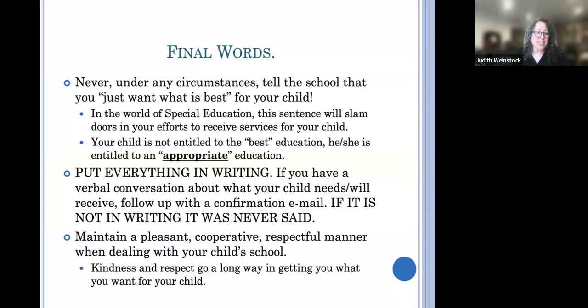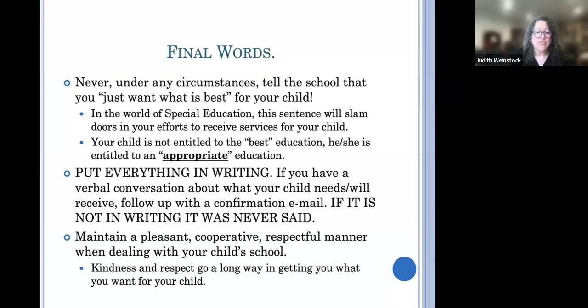And then also finally, it's very difficult sometimes with the school district. Sometimes you feel that it starts off in an adversarial manner. But in general, school districts, and especially the people on the front lines, like the teachers and the individual aides and the individual therapists, really are trying to help your child, and they really do want your child to make progress.